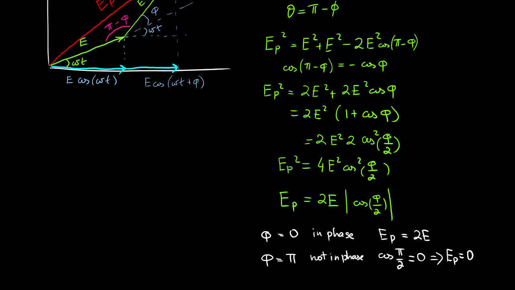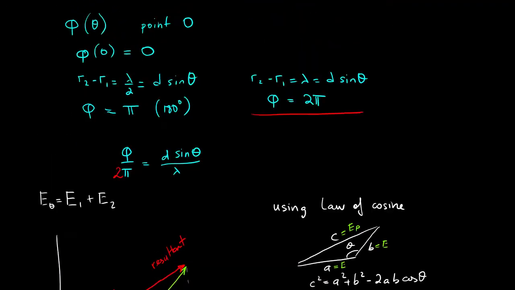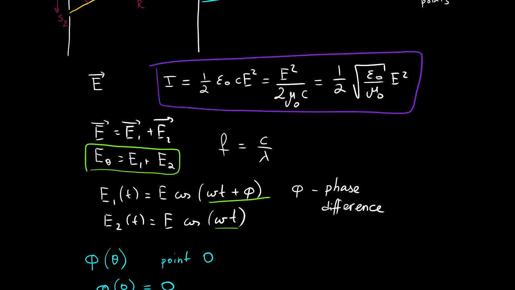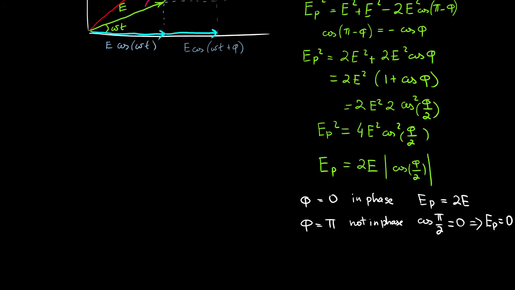Now, if we recall what we said in the beginning about the intensity, which is here, then I could say intensity at point P equals 1/2 epsilon naught C EP squared. So let me write that on the bottom, and then we will substitute the EP with the expression that we found.